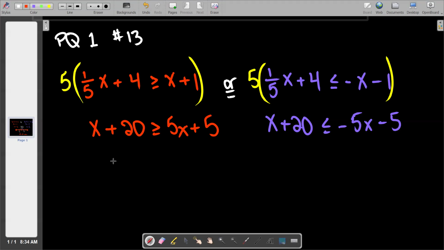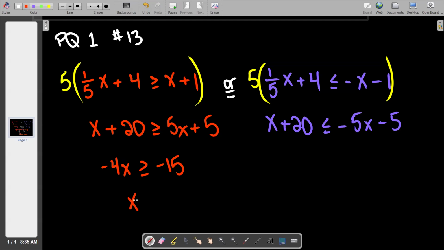So if we subtract 5x, we're going to get negative 4. And then on the right side, if we subtract the 20 across, we get negative 15. There we go. This is better. And when we divide both sides by negative 4, we're going to get a sign change, right?